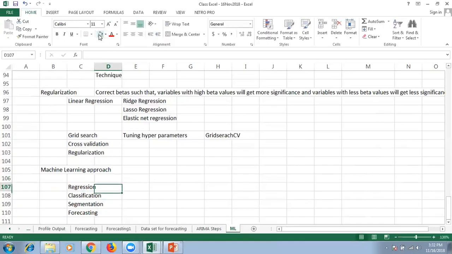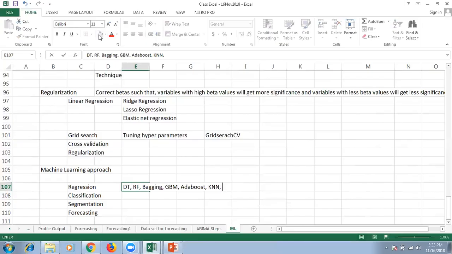So for regression problems, we have techniques like KNN, of course decision trees, random forest, bagging, GBM, AdaBoost, ANN, and SVR.